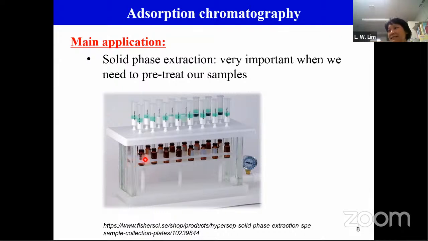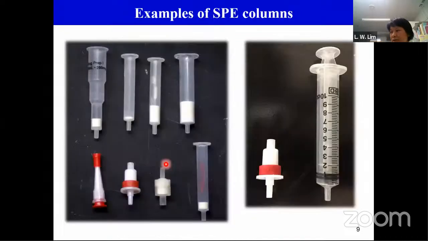So this is just one of the modern applications of absorption chromatography where we use solid phase extractions. In my lab, we have something more common like this. These are one-time use cartridges, but usually we just buy an empty syringe like this, which is plastic.